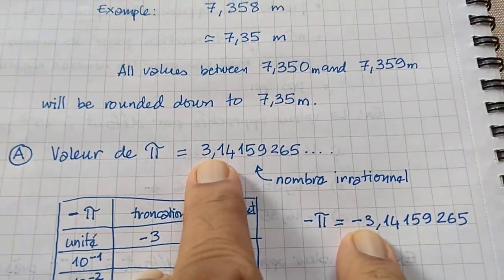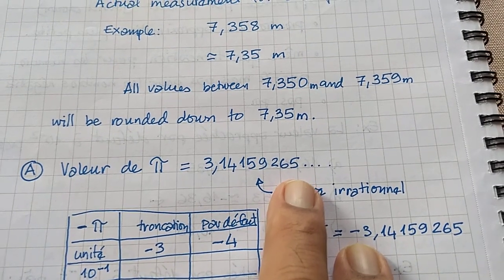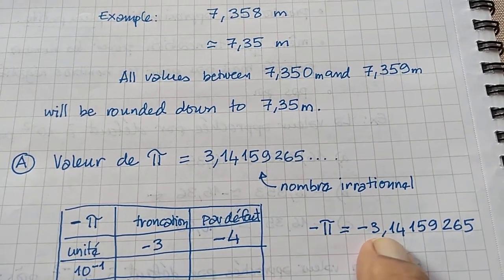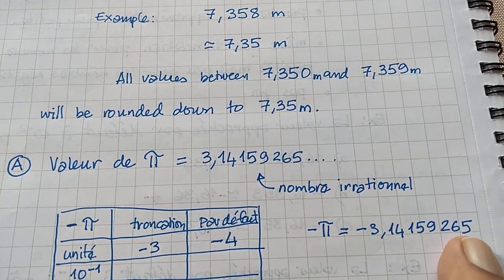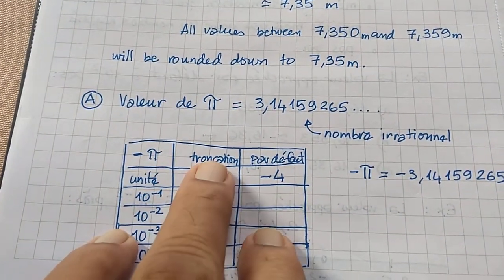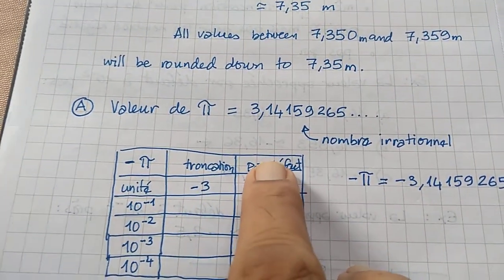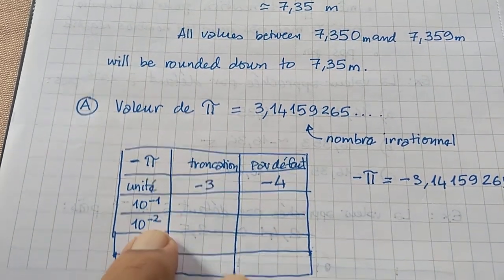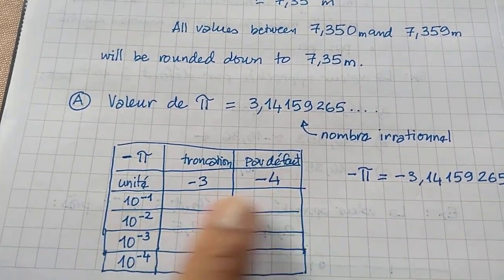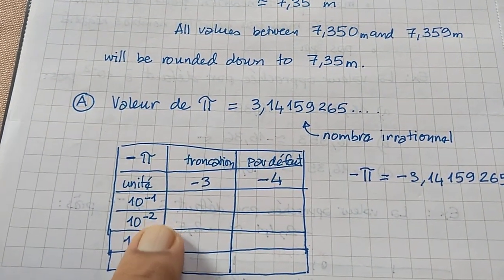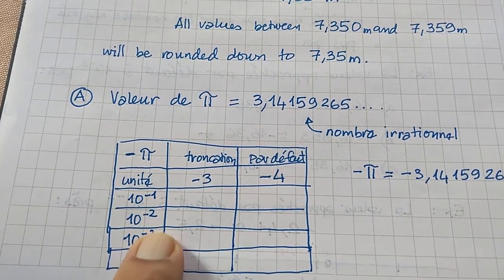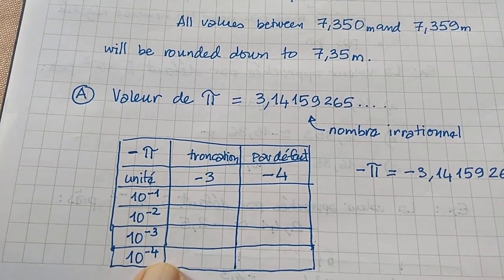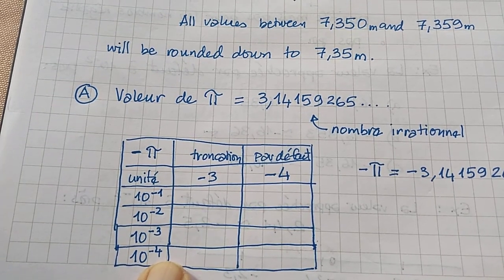But let's see. So this is the number. But what we will do is we'll take minus pi, which is the same number, only negative. And you have to fill in troncation and par défaut for unité, 10 to the power minus 1 près, 10 to the power minus 2 près, 10 to the power minus 3 près, and 10 to the power minus 4 près.